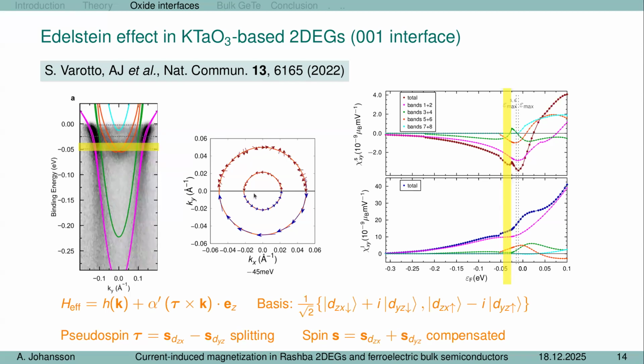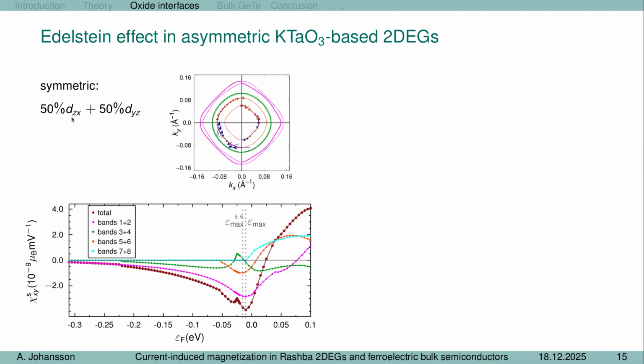And since our bands consist of 50% zx and 50% yz orbitals, their spin expectation values kind of compensate, and therefore we expect almost no spin expectation values here. So the problem is this 50-50 superposition of the states, which gives us these small spin expectation values.